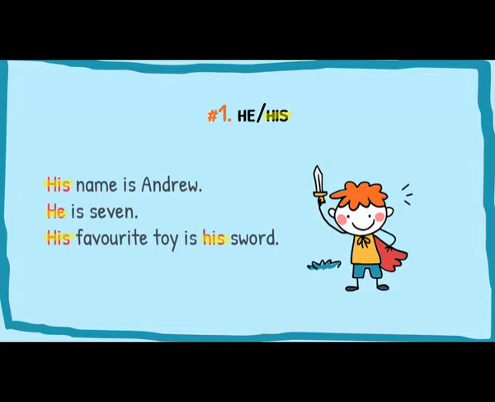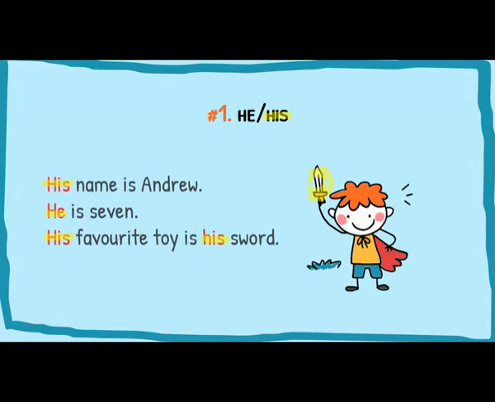We cannot use he. Remember, he is dia. Tapi kat sini, the sword here, pedang kat sini ni is Andrew's sword. Dia punya pedang. Jadi, kita guna his. Pedang ni pedang dia. Okay, jelas?